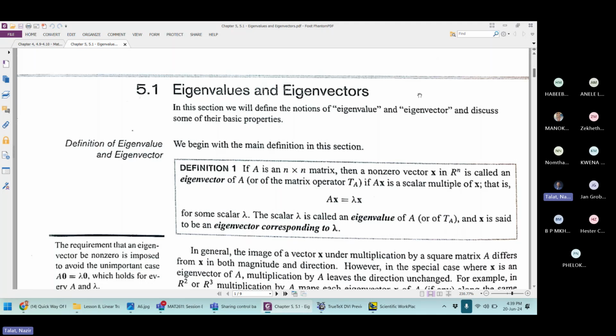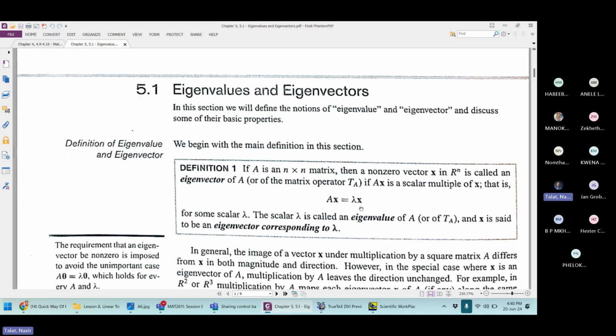So if A is an n cross n matrix, then a non-zero vector x is called an eigenvector of A if and only if Ax is a scalar multiple of x, that is Ax = λx. Look, x is some non-zero vector, A is a matrix, and λ is some scalar.